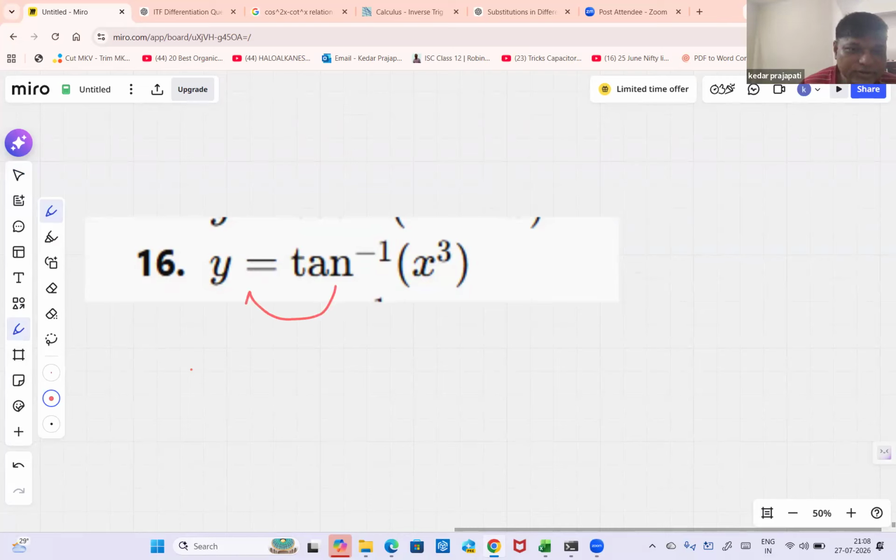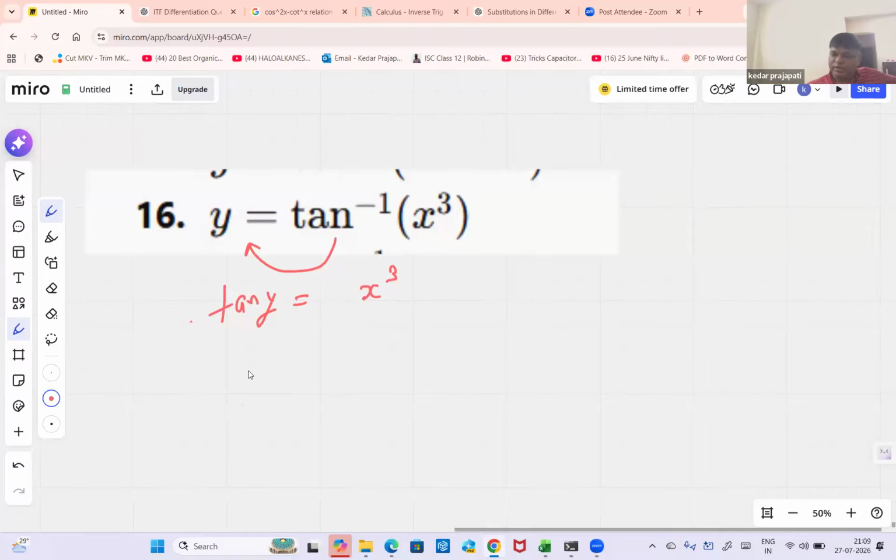Tan will go this side. So this will become tan y equal to x cube. Now differentiate with respect to x. What will come?